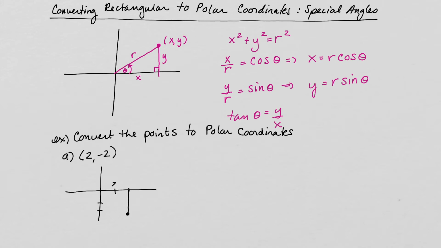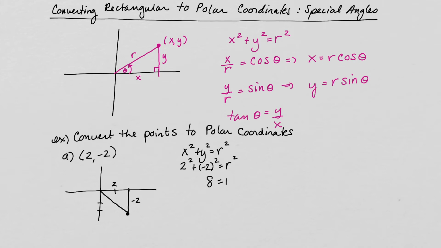So this here is 2, this here is minus 2. We can draw this hypotenuse here, and that's going to be r. Remember, x squared plus y squared is going to be equal to r squared. So 2 squared plus negative 2 squared is going to be equal to r squared. So that's going to be 4 plus 4.